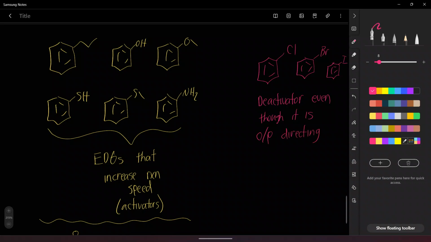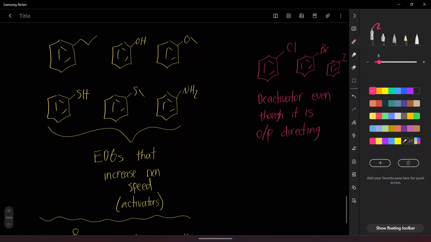Right? And the reason is because it turns out that the electronegativity of chlorine and bromine and iodine is more important than the fact that it can donate via resonance. That's one of those facts of the universe that I'm telling you and you have to just believe me. There's not really too much of a rhyme or a reason for that, but it turns out that the electronegativity of chlorine and bromine and iodine outweighs those atoms' ability to donate their lone pairs via resonance.